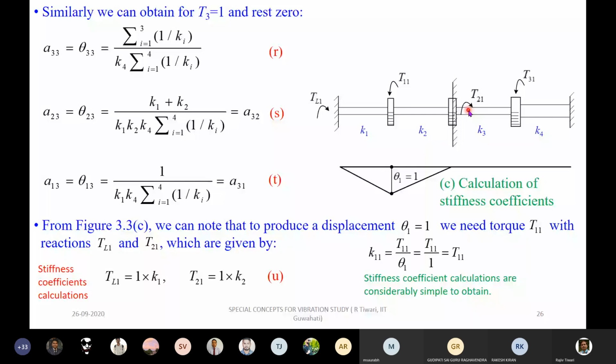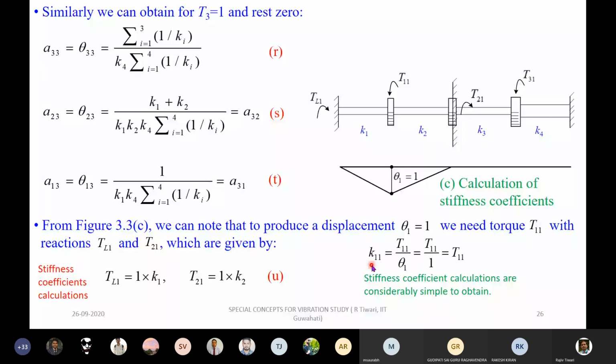Okay, and so these are the stiffness. Now, the stiffness influence coefficient was defined on the very first slide, K11. You should not confuse the stiffness K1, K2, K3, K4 with K11, K12, K13.